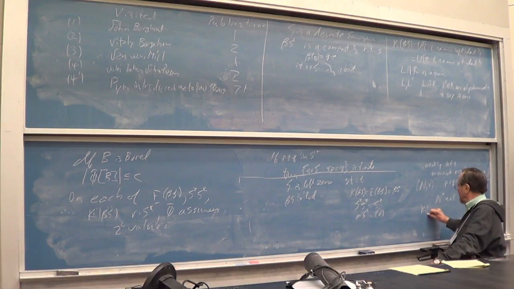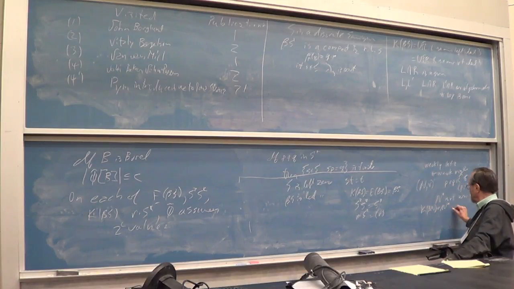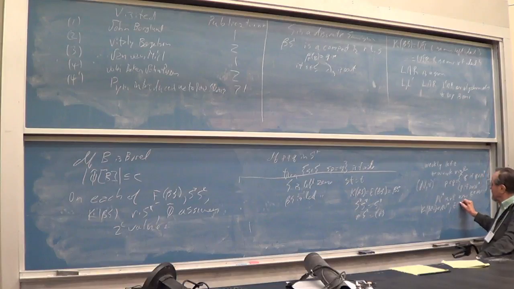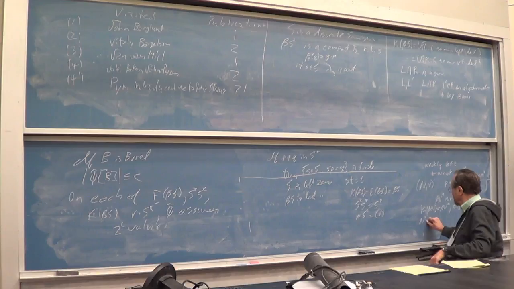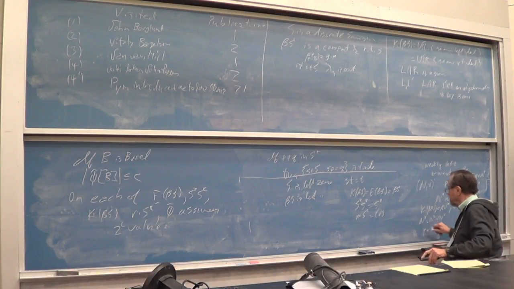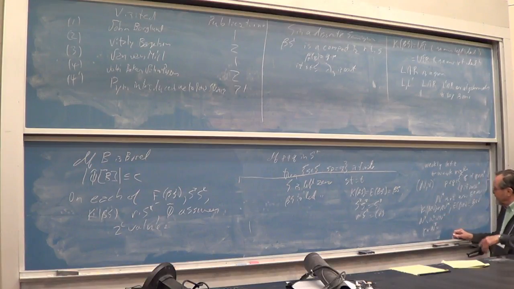So K of beta N is N star. E of beta N is everything. Everything's an idempotent. N star sup N star is N star, and R sup N star, yeah, that's right, it's right 0, so it's going to be N star.